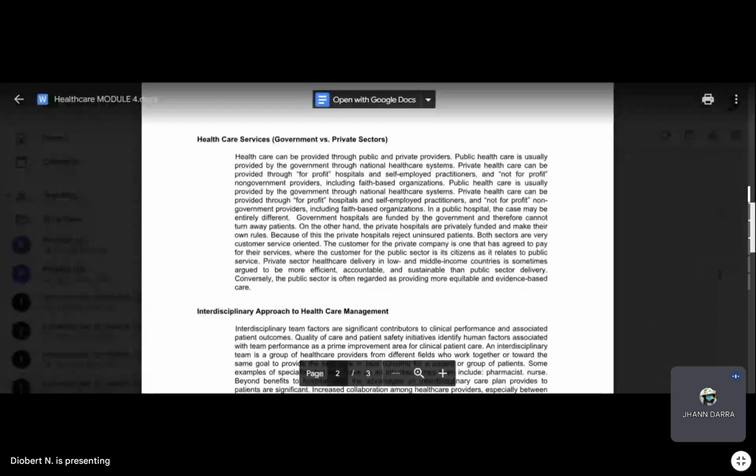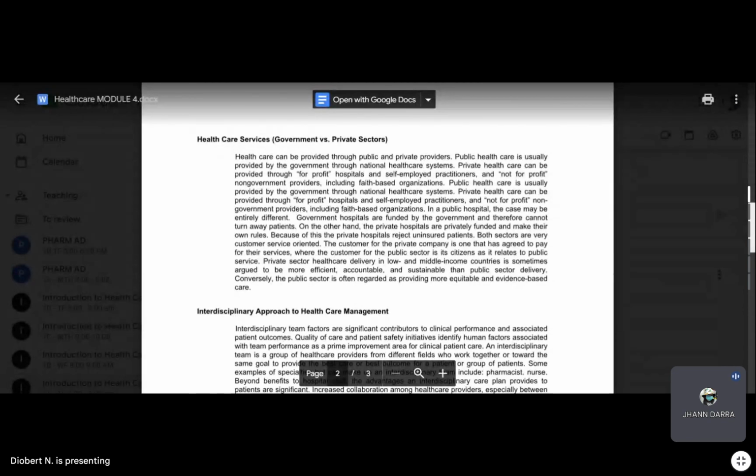Beyond benefits to hospital staff, the advantages an interdisciplinary care plan provides to patients are significant. Increased collaboration among healthcare providers, especially between physicians and nurses, helps patients who have interdisciplinary care plans by reducing healthcare-related expenditures.